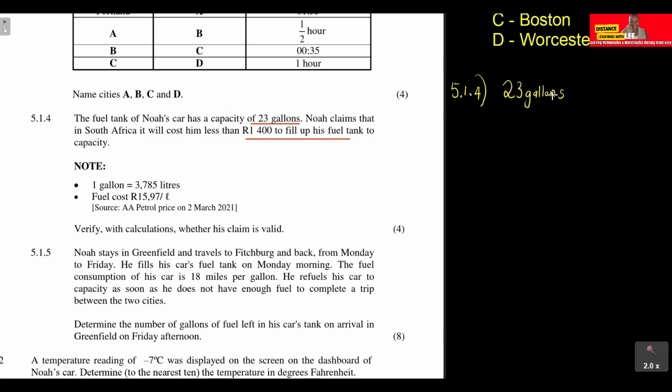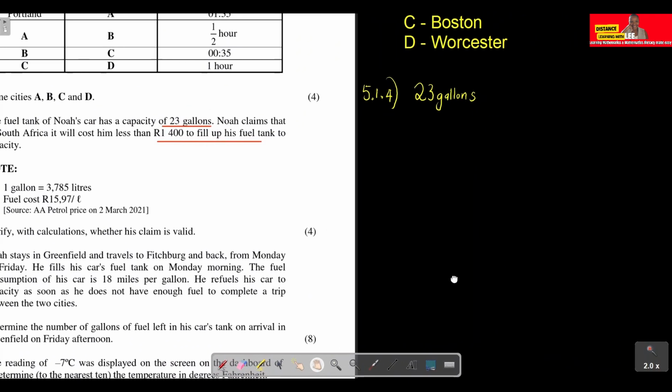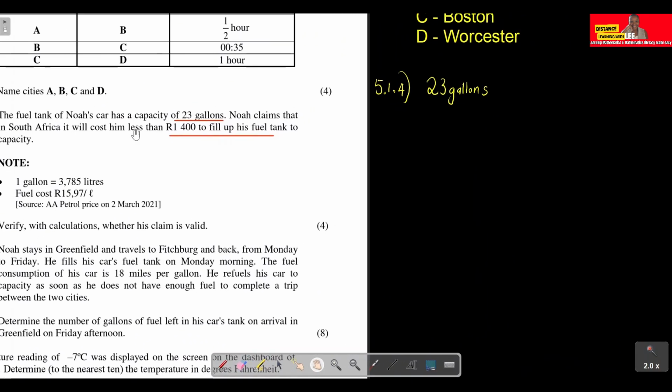His tank can hold 23 gallons, and we want to convert these gallons into liters. How are we going to do that? We use the equation given to us, that 1 gallon is equal to 3.785 liters. We multiply by what we want and divide by what we have.